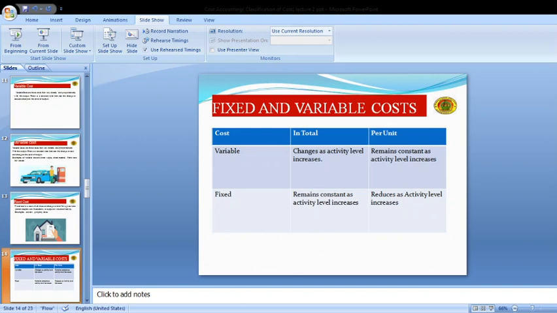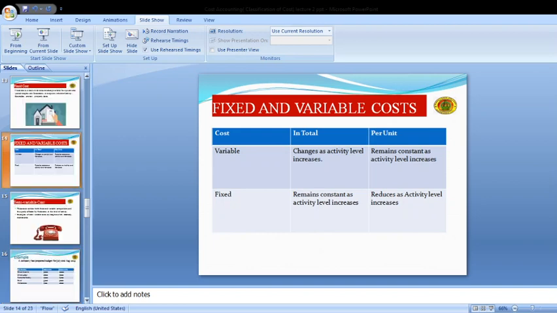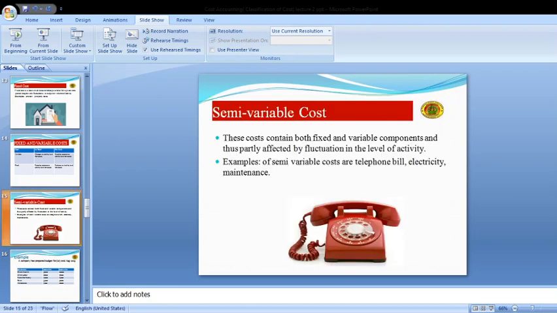Now, there are certain costs which are in between. They have some component of variability, some component of fixed. So, that is called a semi-variable cost. An example is the telephone bill. Nowadays, I think most would not even have seen this type of telephone.